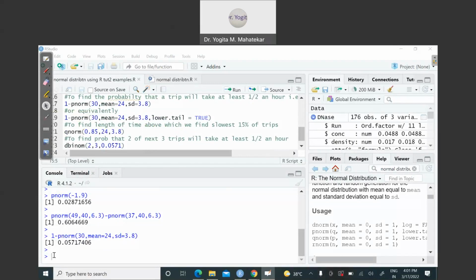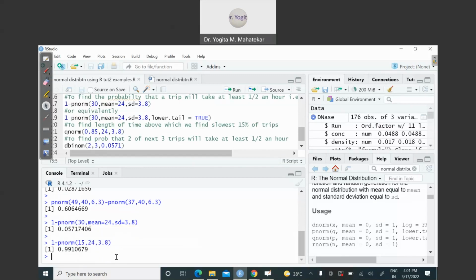The probability that X is greater than 15 we can write as 1 minus pnorm of 15, where 24 is the mean and 3.8 is the standard deviation. So this will be the probability that he will be late for work. Let me press Control Enter. So 0.9910 is the answer for the probability.